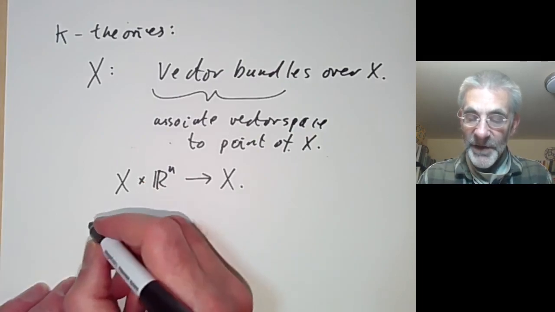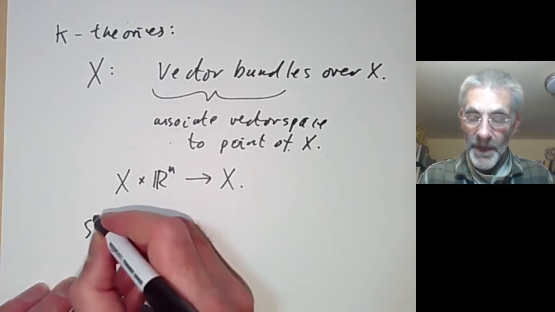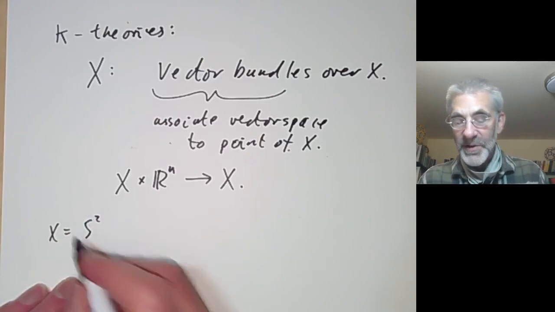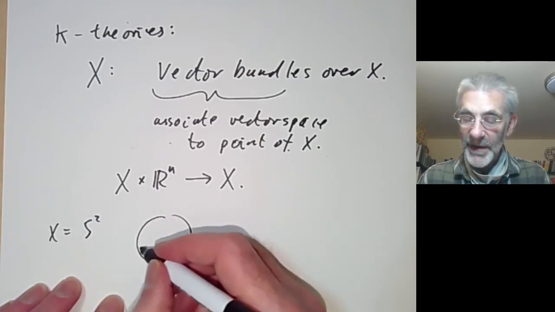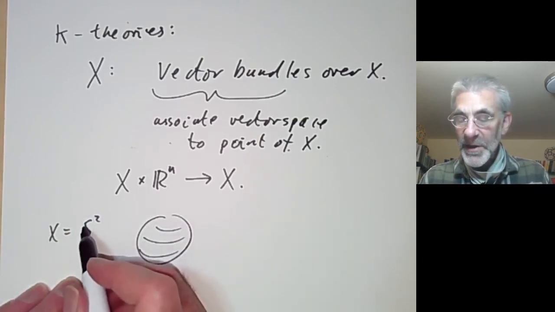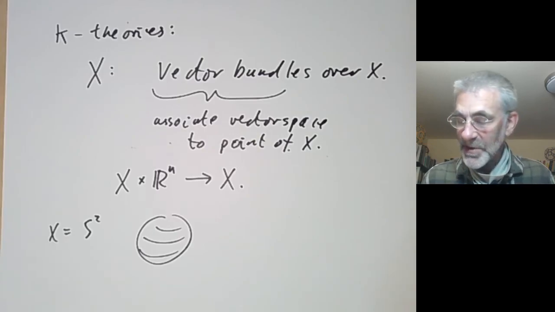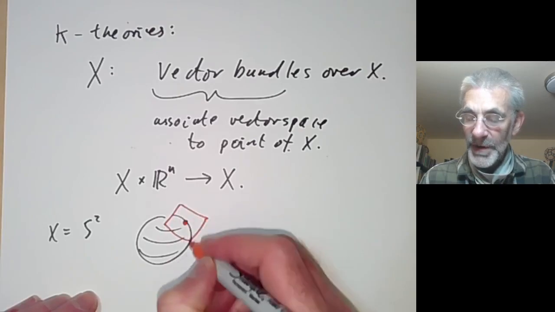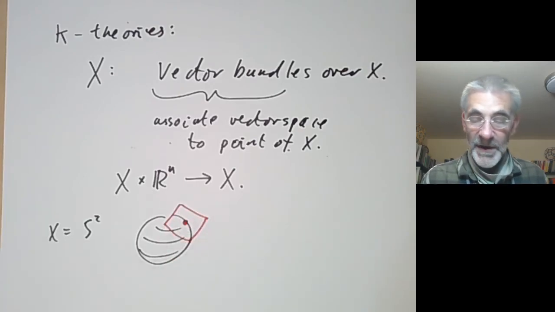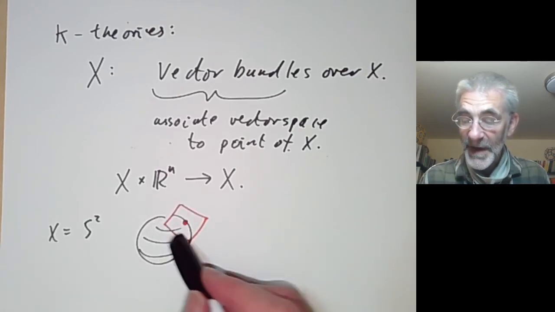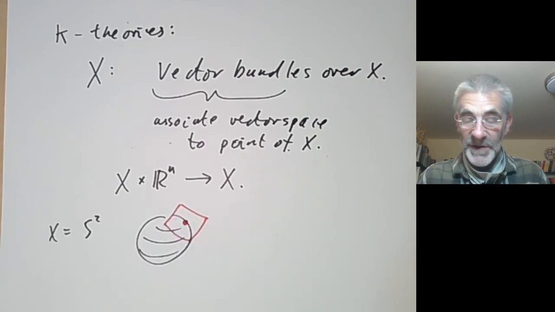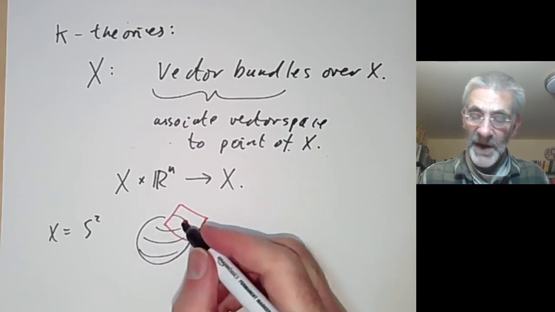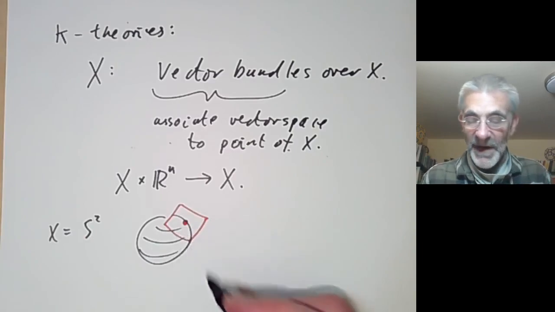A slightly less trivial example, we might take X to be a two-dimensional sphere S^2 like this. And then to each point of X, we're going to associate its tangent space at that point. So that will be associating a two-dimensional vector space to each point of the sphere in a nice way, because if you vary the point, the tangent space varies nicely.